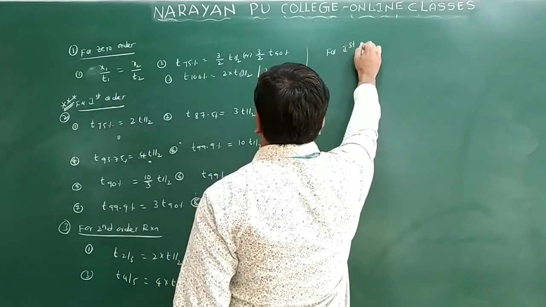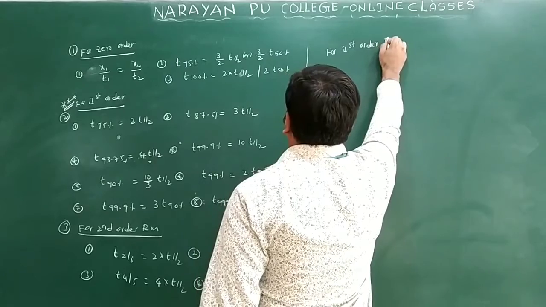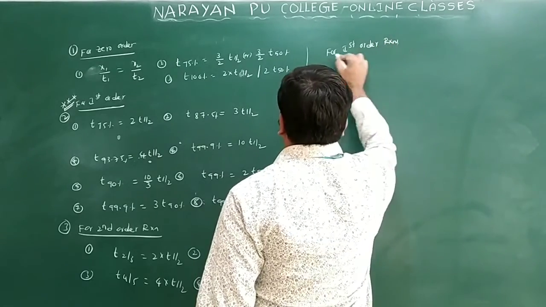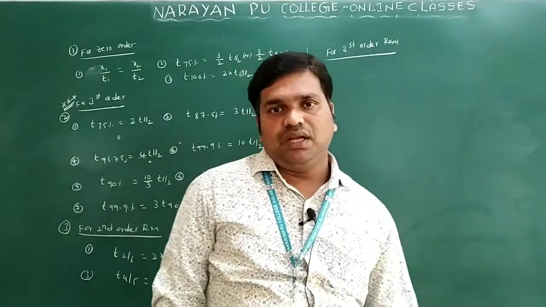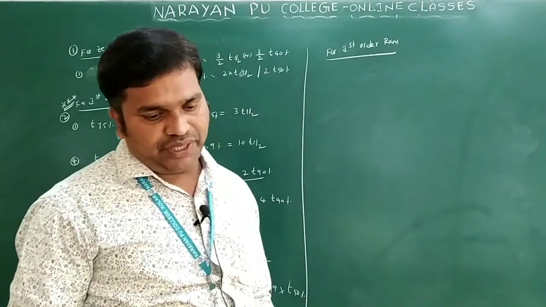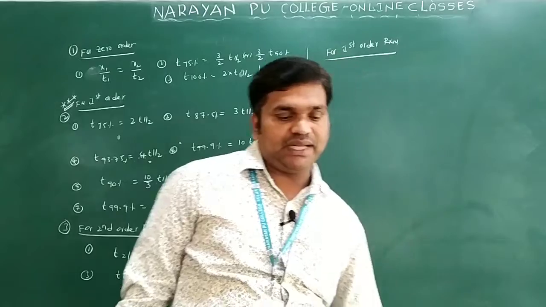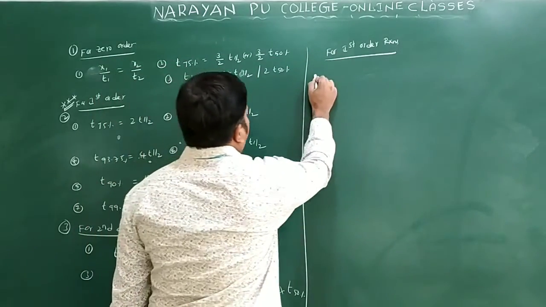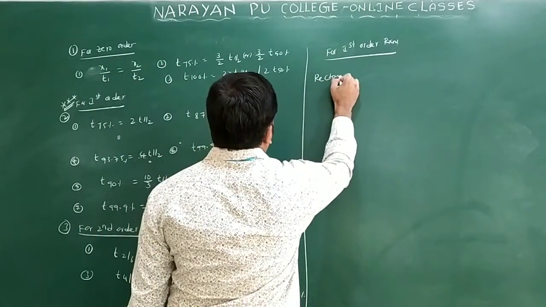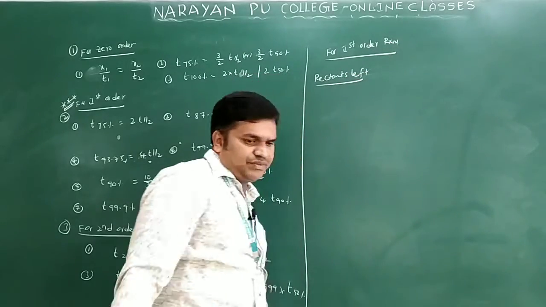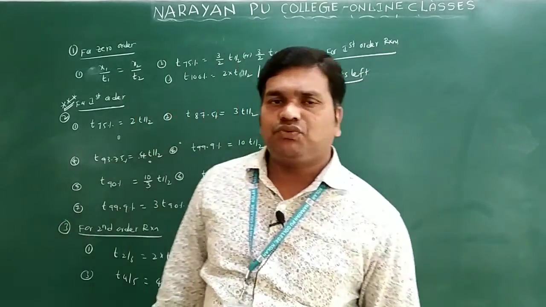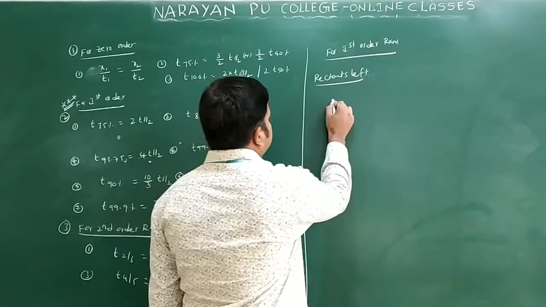For first order reactions, you will get the half life or half of the reaction. I will take this expression. Suppose I am getting here the reactants left. Generally we start the reaction with 100%.